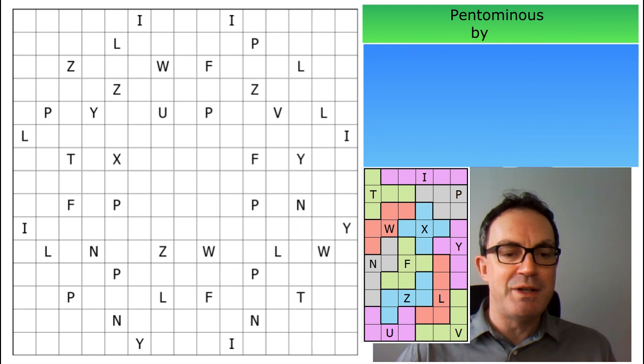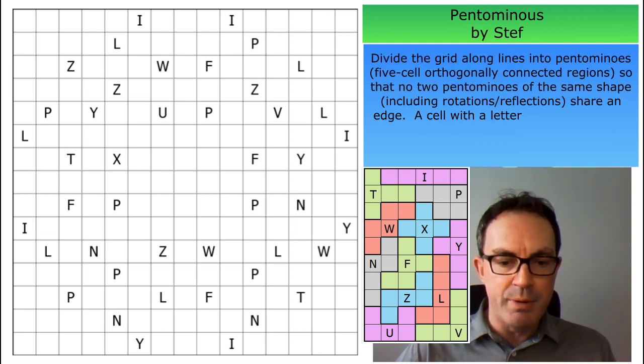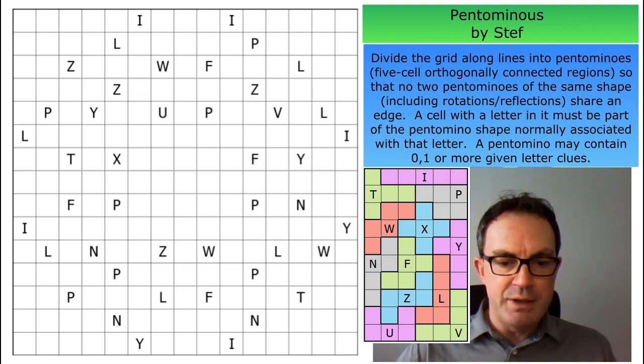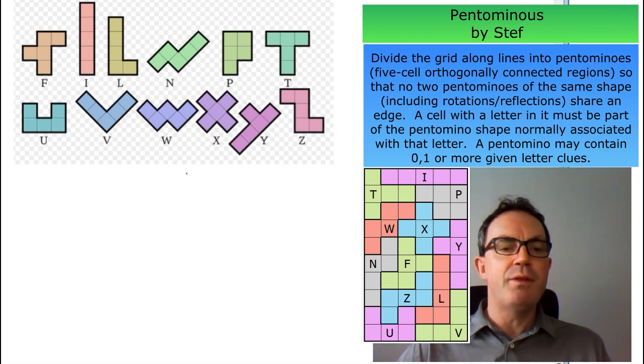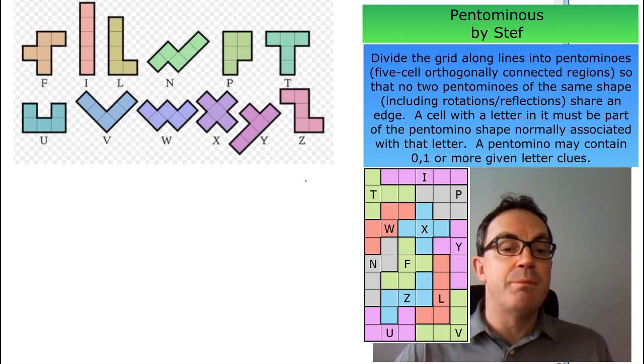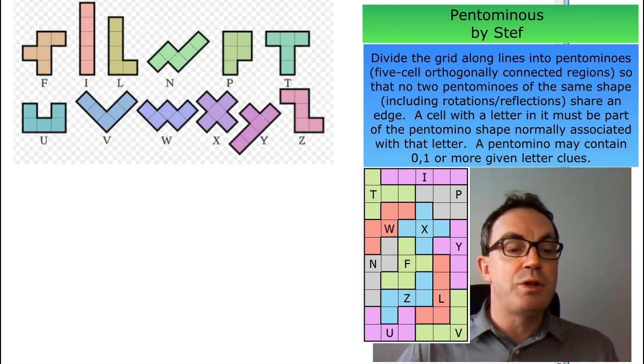What we have to do in a pentominoes puzzle, and in fact, I'll bring up, here we go. These are the 12 different shapes that are relevant in a pentominoes puzzle. So basically, these are all the different ways that you can connect 5 cells orthogonally to each other, if you allow for rotations and reflections.